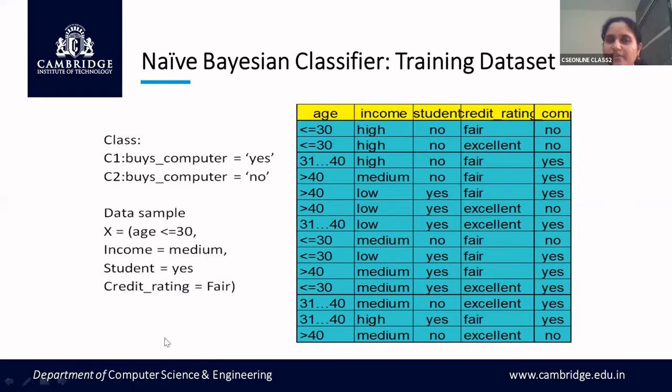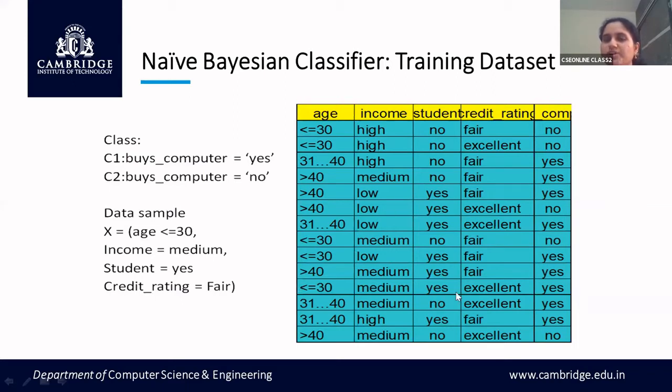Do you have this particular tuple? When you see it like that, only this row gets selected where age is less than or equal to 30, income is medium, student is yes. But what about credit rating? Credit rating is given as fair, but in this case it is excellent. So only by checking this you cannot solve.